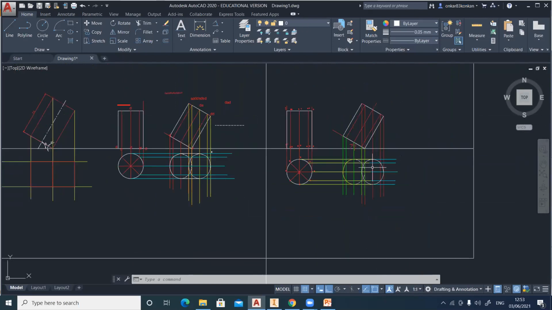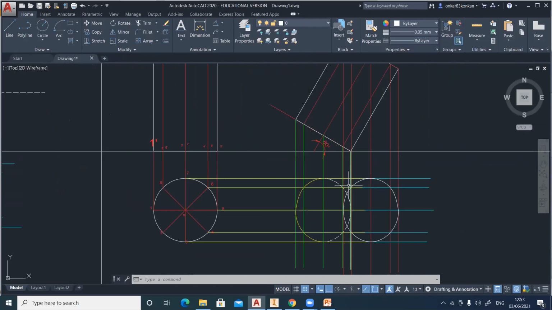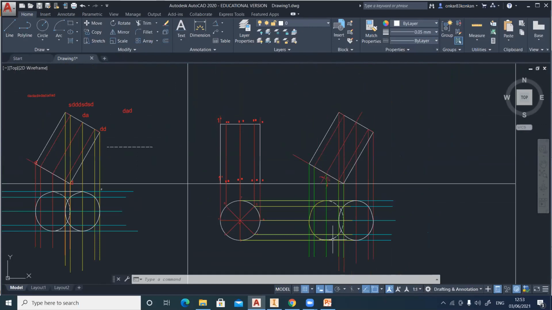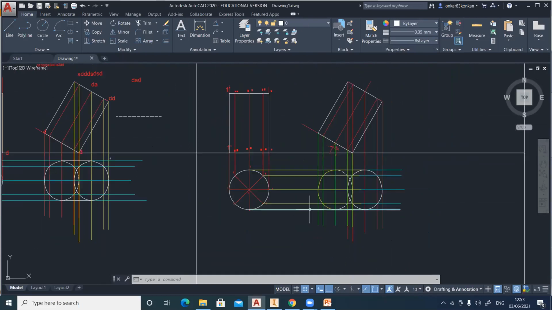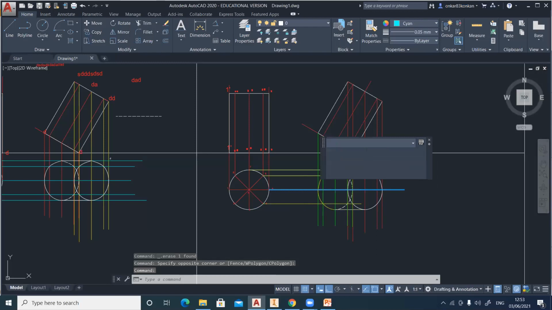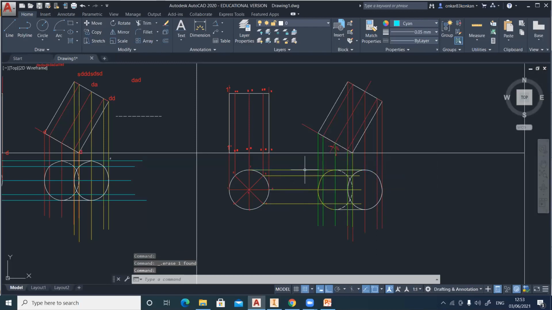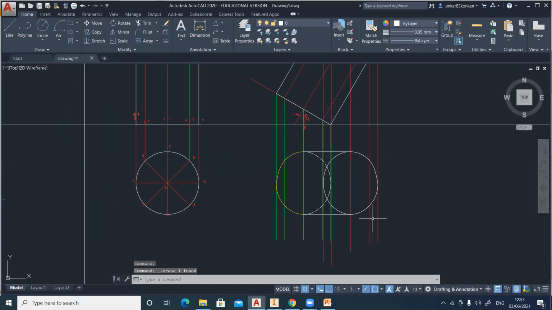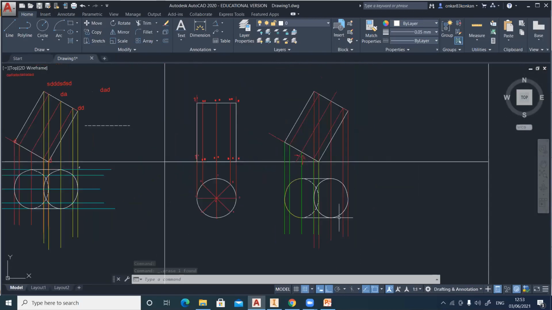Whenever you draw this projection, show the projector as a thin line, and show the visible edges, these ellipses, as a continuous thick line. If I remove these projectors, then you can observe the actual top view.